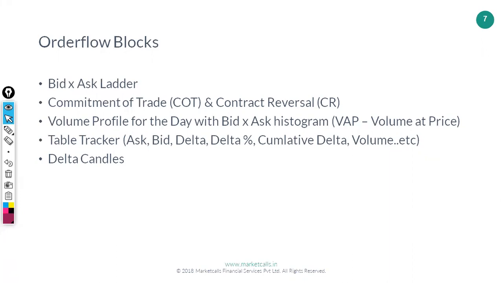Whereas if you look into the candlestick studies, it shows only the volume. It doesn't bifurcate whether it's buyer volume or seller volume. Here it actually classifies whether it's a buyer volume or a seller volume, and it does many relative studies related to that. It also gives you delta candles.